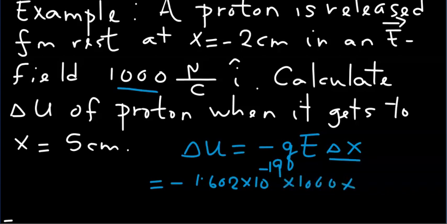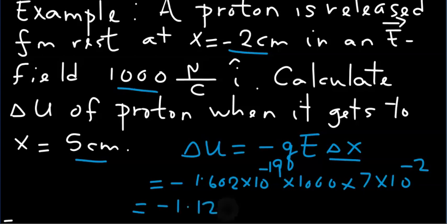And this is the displacement of the charge. The displacement of the charge is 5 minus -2. So that's 7 centimeters. Convert that into meters by dividing by 100. And you will get the following answer for the change in its electric potential energy: minus 1.12 times 10 to the power minus 17 joules.